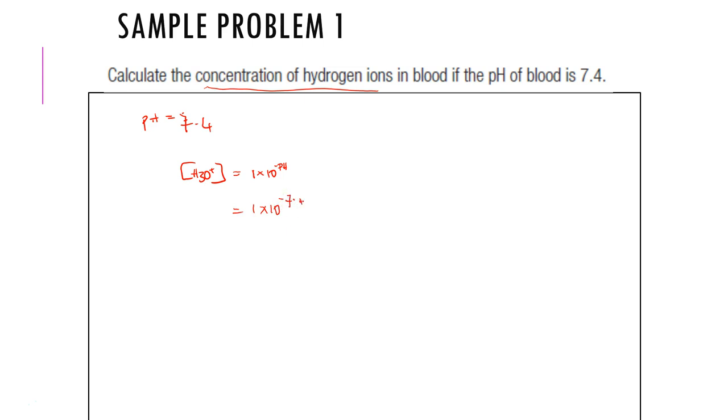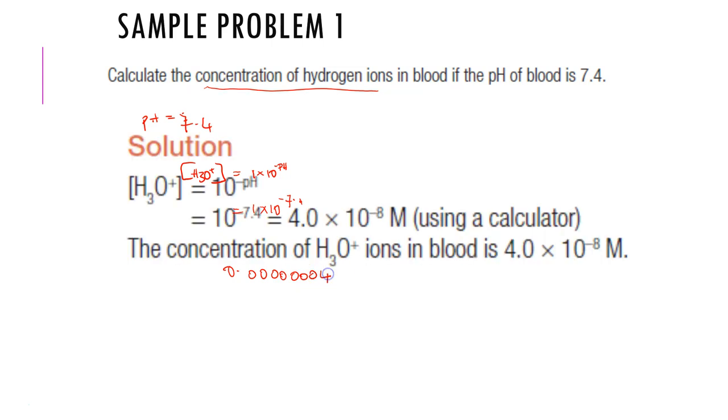And I can put that in my calculator: 1 times 10 to the negative 7.4, and what I get is 0.000000039811. So I get this 4 times 10 to the negative 8.